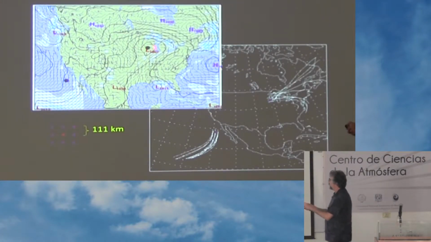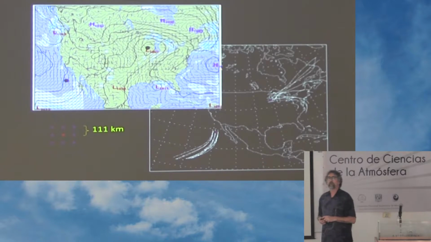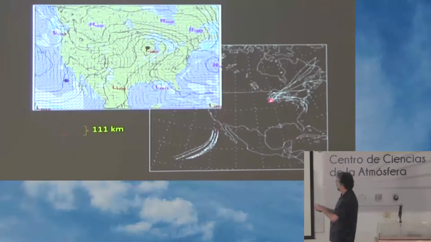Now, here you have a different story. The location of interest is in the middle of a weak low pressure system, and the trajectories from these 9 points centered here are very different. So the trajectory corresponding to the point of interest, I think, is this one. So you might conclude that the air that was here is going to follow this path.